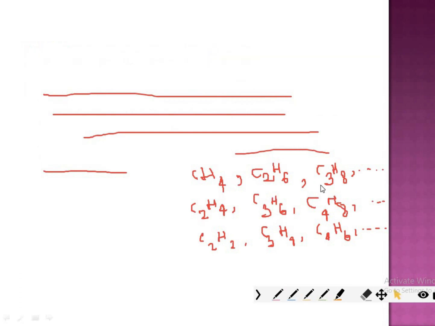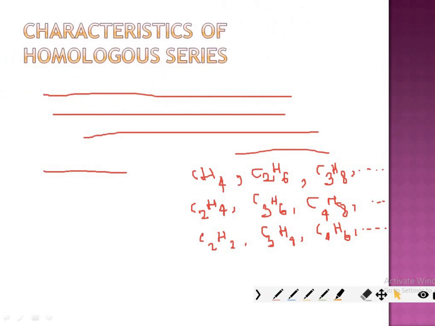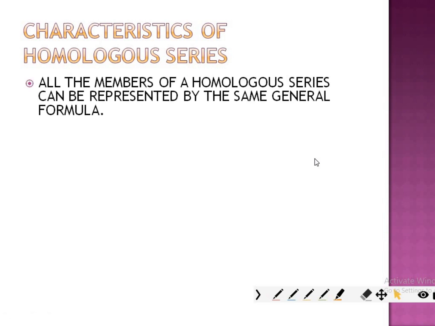Now what are the properties, the characteristics of homologous series? All the members of the homologous series can be represented by the same general formula. Now if we see methane, CH4, we have CnH2n plus 2, right? C1 and H 2 into 1 plus 2, CH4.